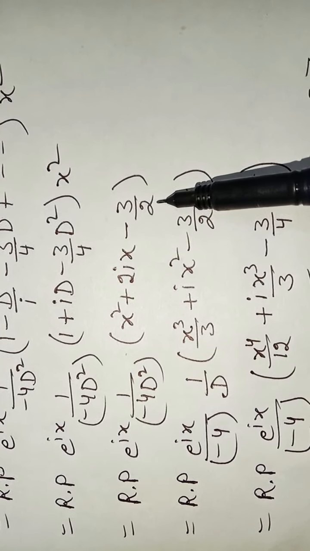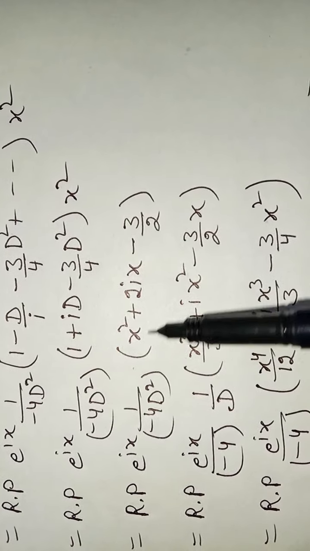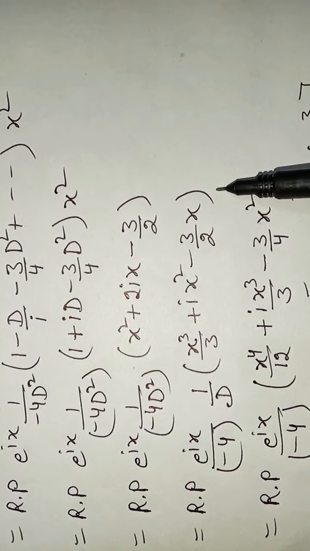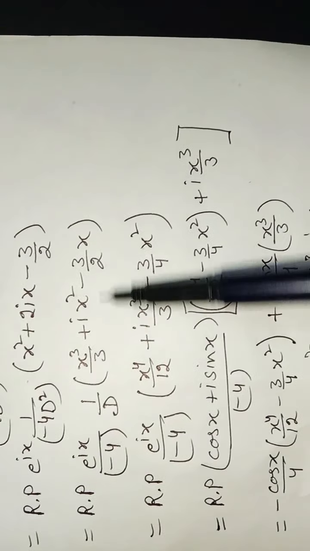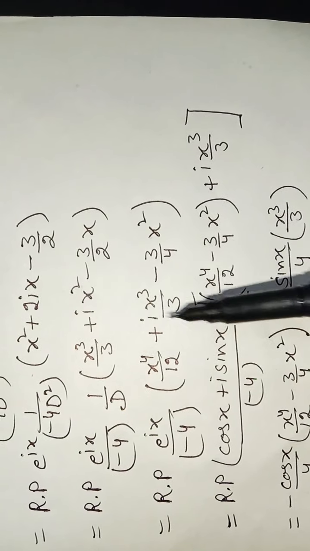So minus 3/2 is left. And now 1/D² means double integral of this. So first we integrate once, and once again we have to integrate this part. So now this is the double integration of this thing.